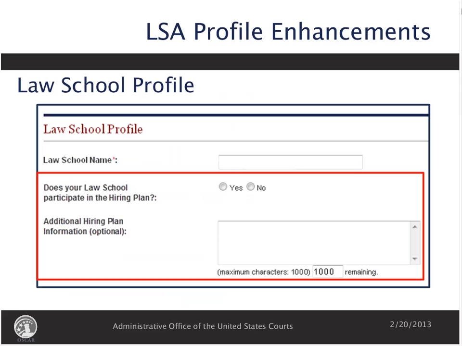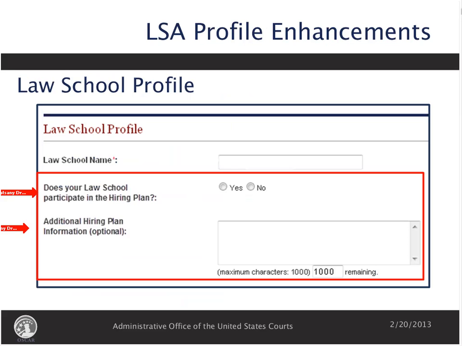Now we're going to look at some enhancements that have been made to the LSA, the Law School Administrator interface. One of the first things you'll note is that on the Law School Profile subtab, there is a new optional field to identify the hiring plan participation for your law school with a yes or no selection.